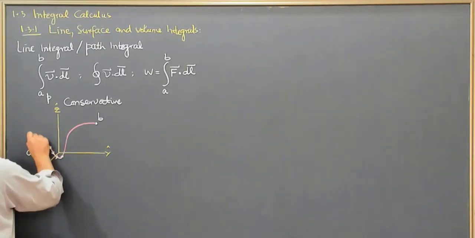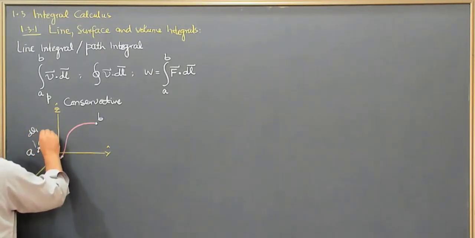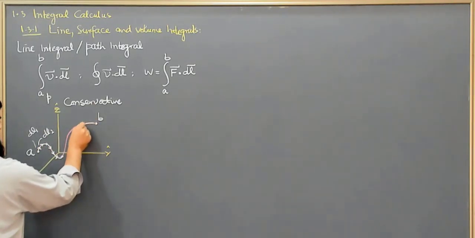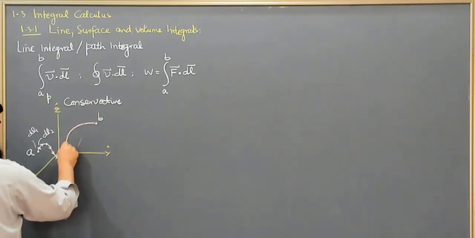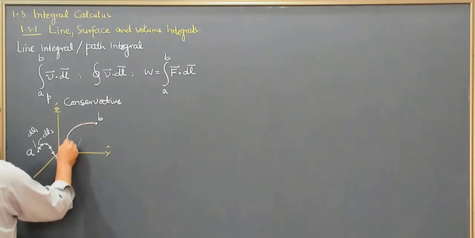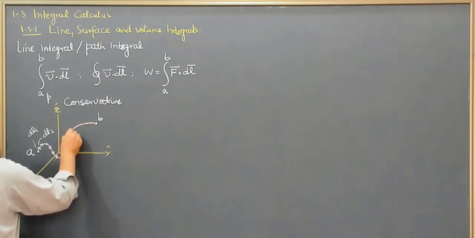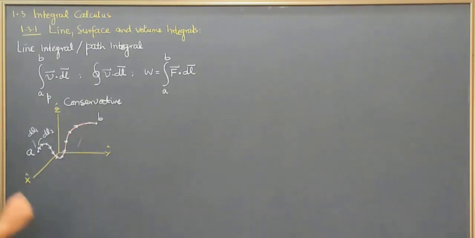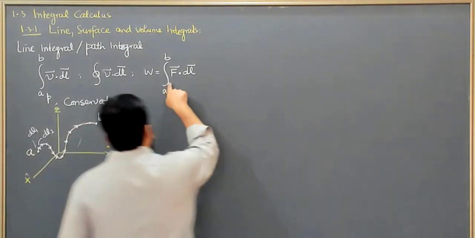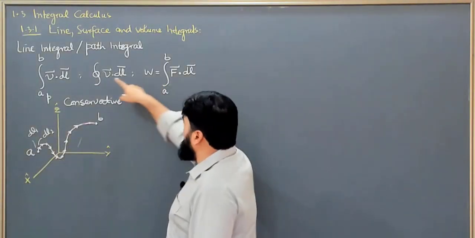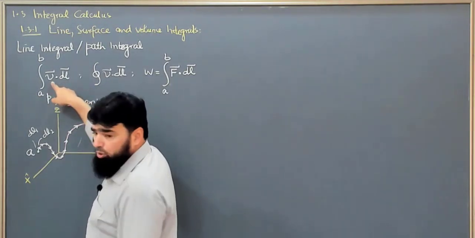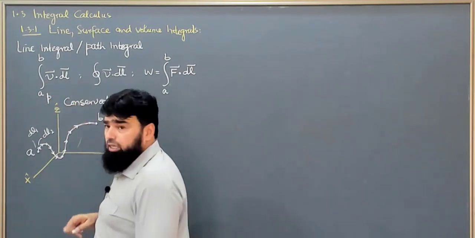I call this dl1, then this will be dl2, and so on, and it will cover this whole thing. I'm drawing the dls in order to show them, otherwise the dl are so small that they are a fractional length. And when I write this in the integral, it means I'm calculating the area under the curve.